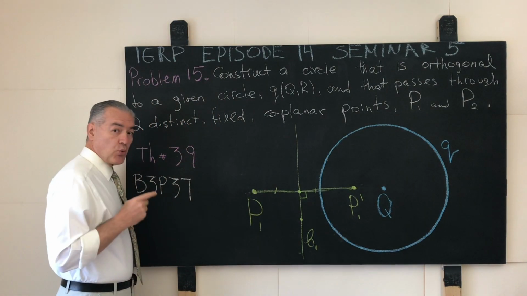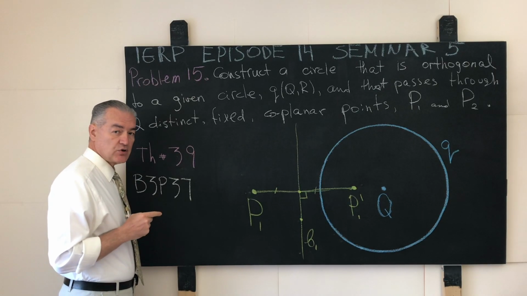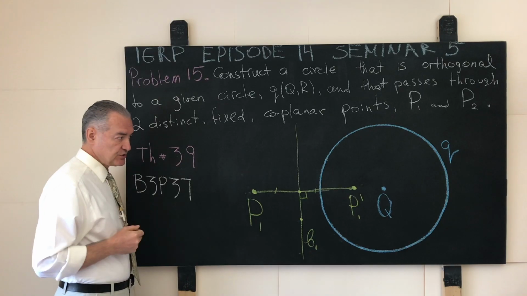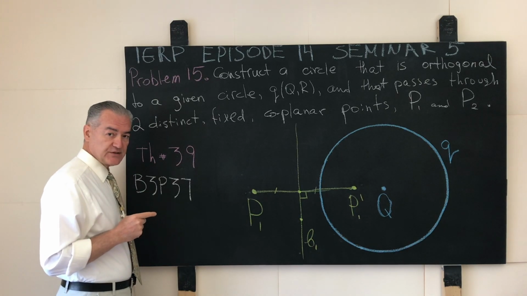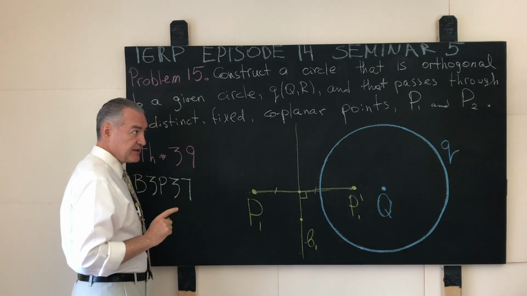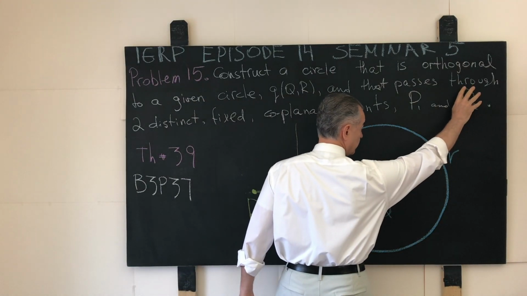To that end, one way in which problems in which a multitude of like objects is given are solved is using the following idea. We temporarily eliminate from consideration all the like objects but one. In this case, that means that temporarily we forget about the point P2.